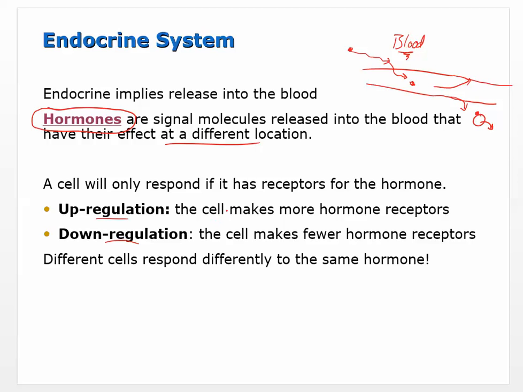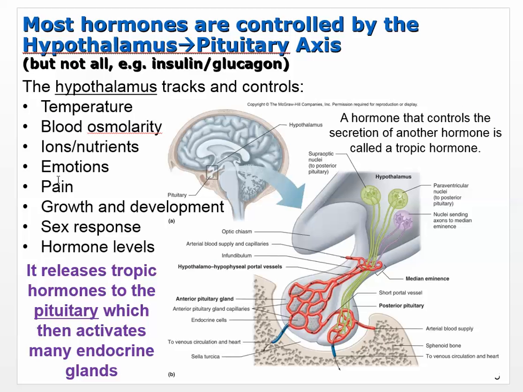If a receptor is overactivated, then that receptor will downregulate. It'll upregulate if enough of it isn't produced. Different cells respond differently to the same hormone.